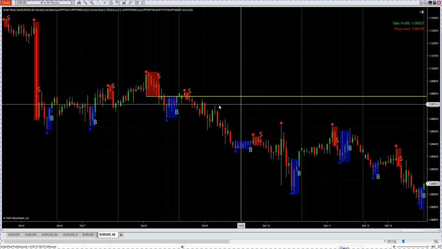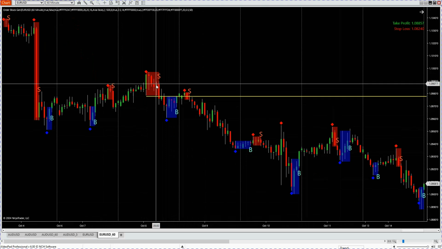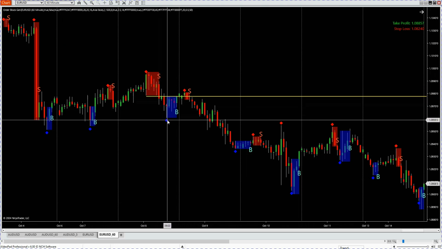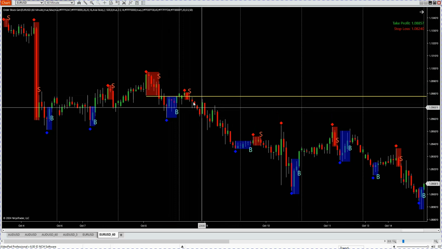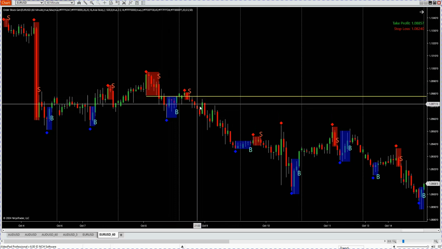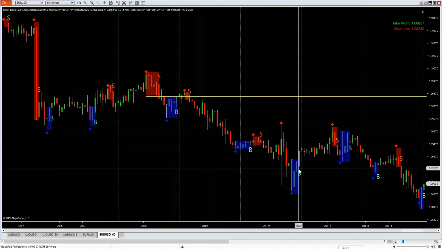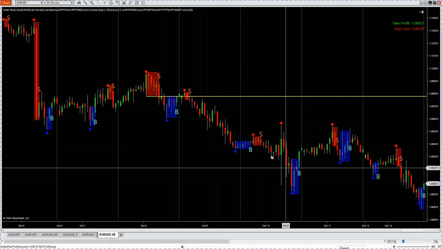There's the yellow line there, and subsequent to the block and the sell signal, we see a move to the downside, and then it retraces back and straddles the level from the 4-hour. The move then continues on its downward momentum, and we get a pretty good move there.